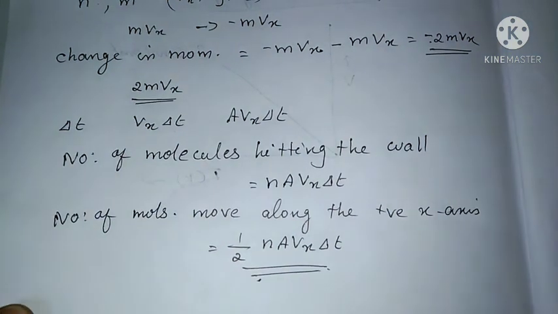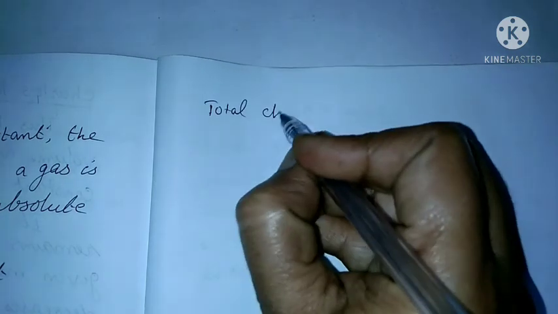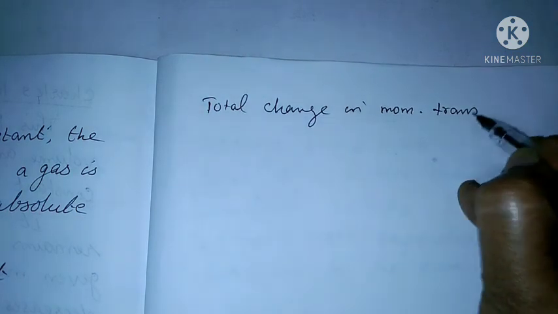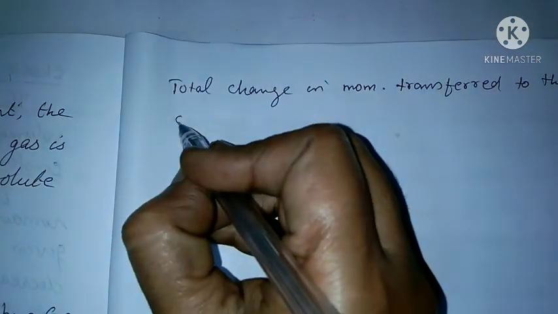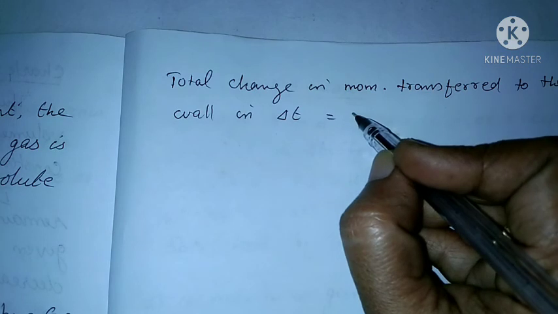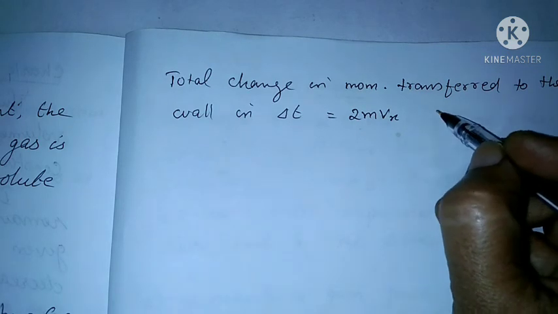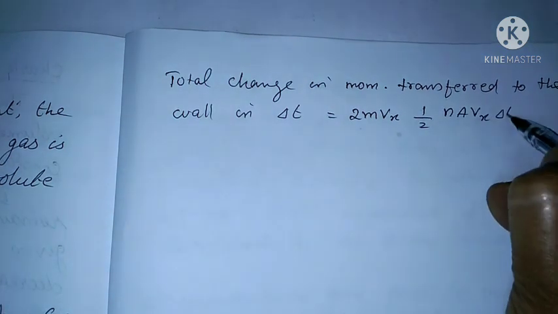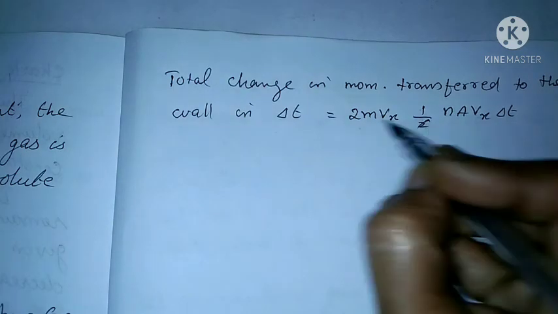It is equal to the momentum change of a single molecule, 2mvx, into half the number of molecules hitting the wall, that is into half into N a Vx delta T. So, this is the total change in momentum transferred to the wall, that is the shaded portion. Here 2 and 2 will cancel.